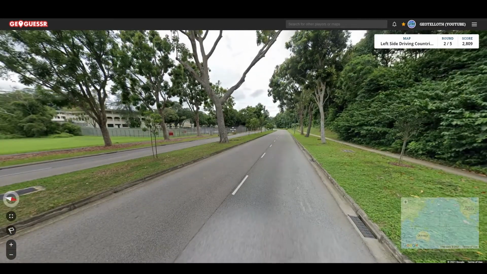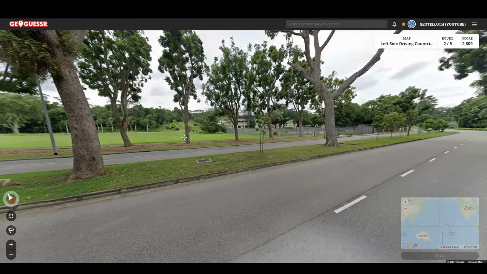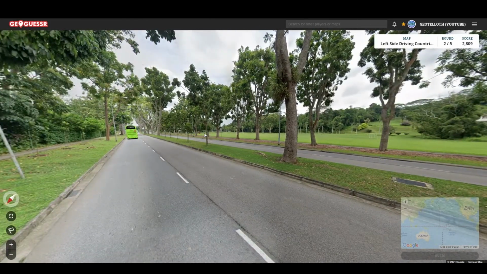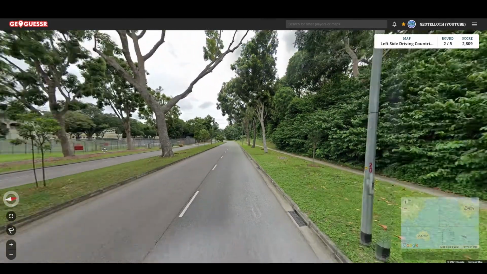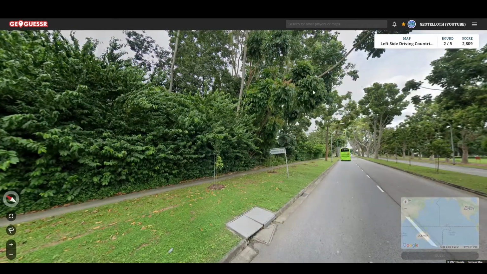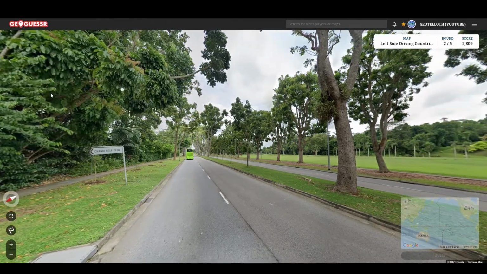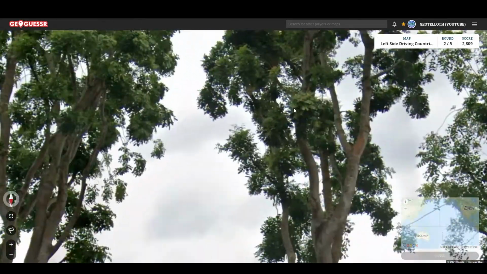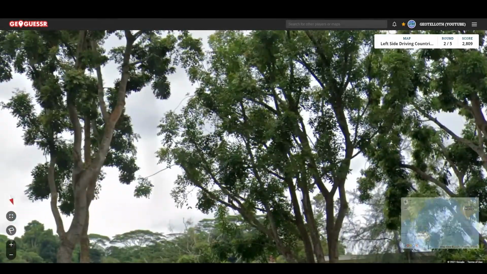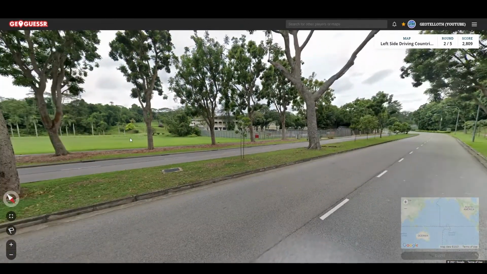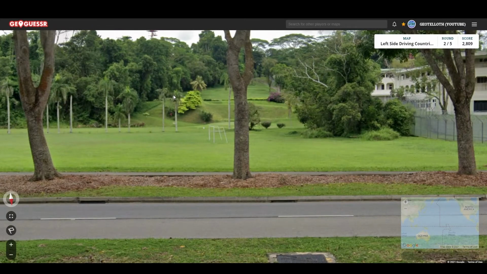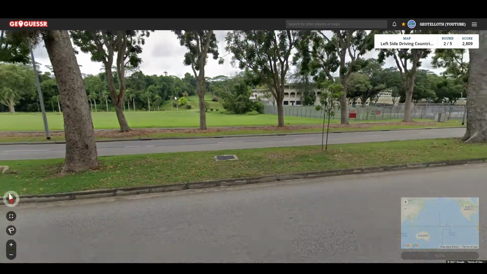Next round. Okay. So first instinct is that this is Singapore. And the reason is because the vegetation looks fairly Southeast Asian. I'm talking about these sort of trees that, I don't know the type of tree, but sort of the small leaves, everything looks very green, very tropical.